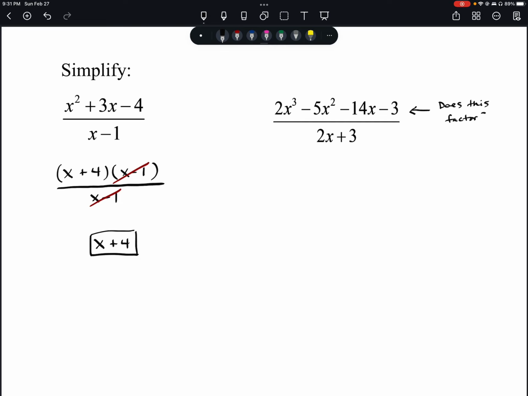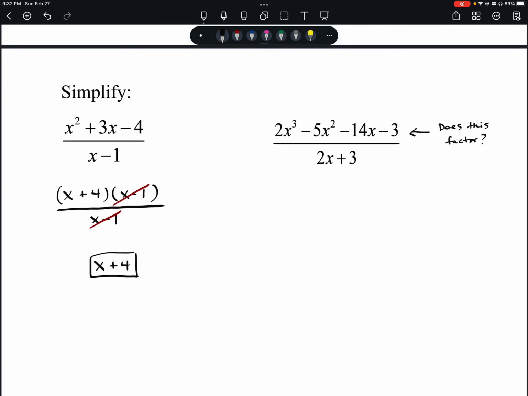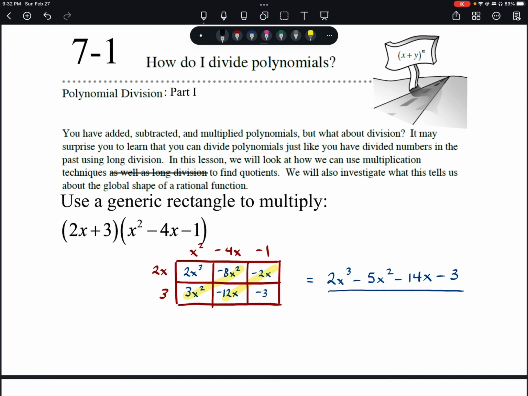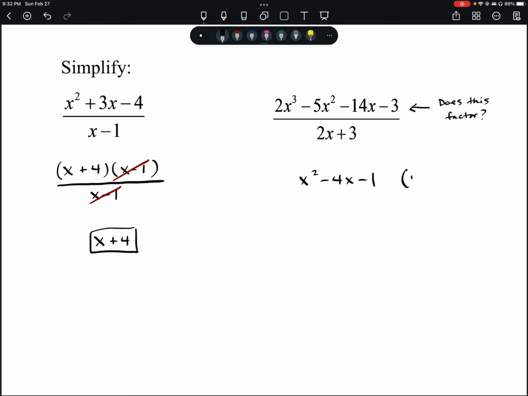And if we can't get it to factor, then that's going to make it hard for us to simplify it down. Now, we already know the answer to this one, right, because this is the problem we just did above, right? So we know that our answer on this one would be x squared minus 4x minus 1, right? That's from the previous slide.